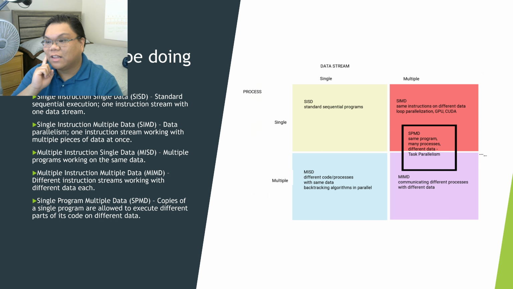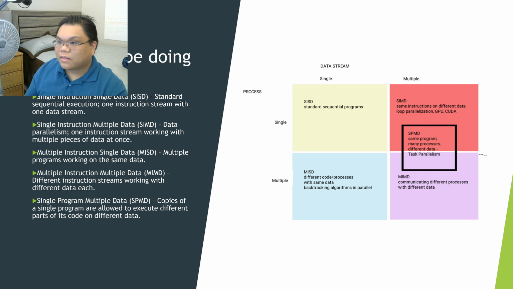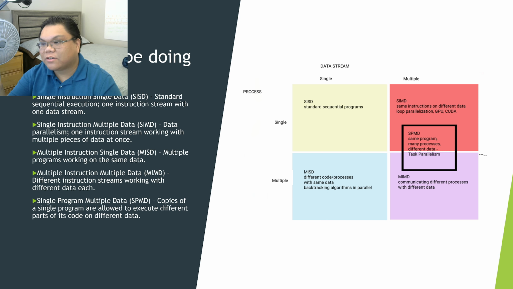What about single instruction, multiple data? That's the same instruction, but on different data. That's data parallelism. One instruction stream working with multiple pieces of data at once.